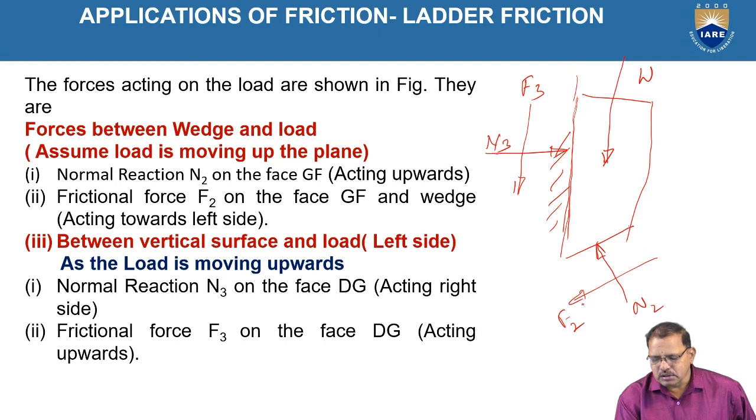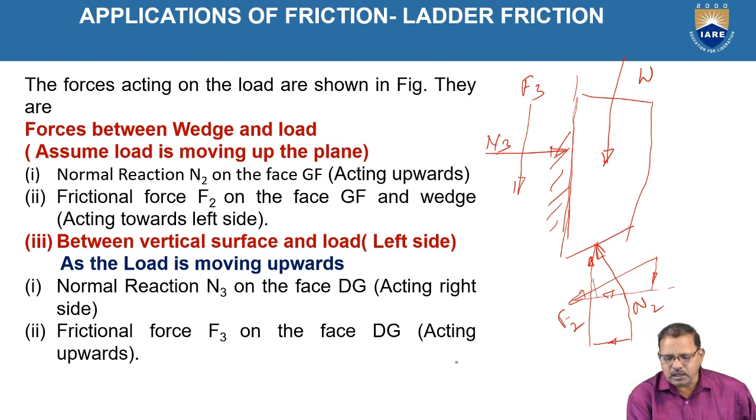We got here and resolve the forces downward directions toward the left side. This force is there, here horizontal and vertical directions. Now sigma Fx is equal to 0 when you are taking horizontal forces. Here F2, this inclination is alpha, F2 sin alpha in downward direction, so toward the left side.